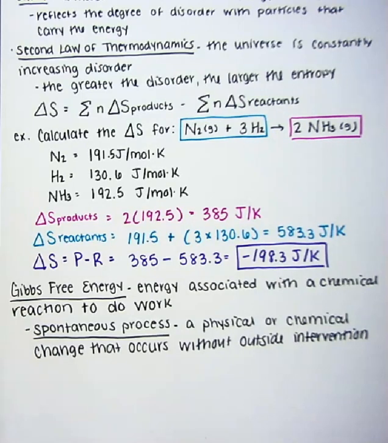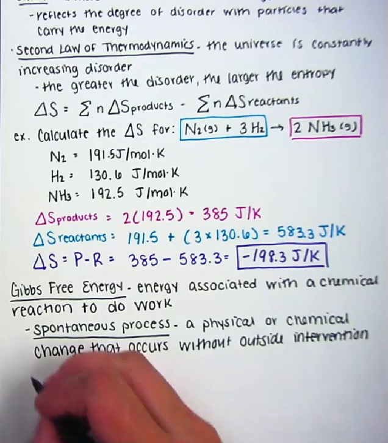So an example of something that is spontaneous would be an iron object that rusts when it's exposed to moisture, or ice melting at room temperature. Those both occur without any outside intervention. They're just going to happen on their own, so that is considered spontaneous.